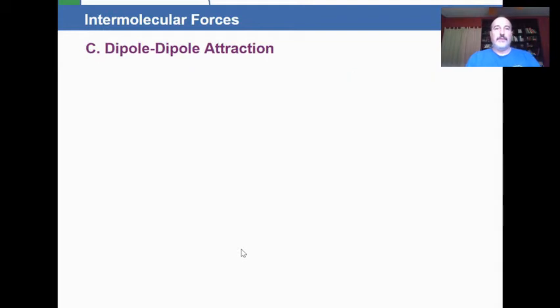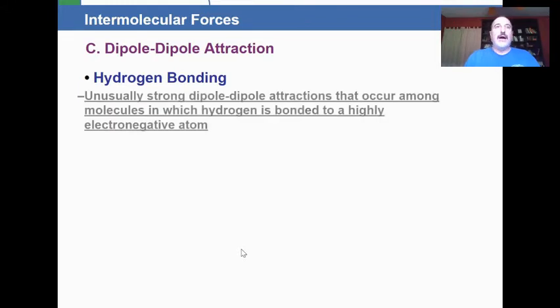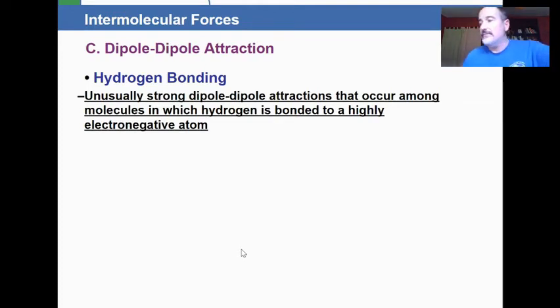All right. Now, there is a special type of intermolecular force of dipole-dipole attraction known as hydrogen bonding. Hydrogen bonding is an unusually strong dipole-dipole attraction that occurs among molecules in which hydrogen is bonded to a highly electronegative atom. All right. Now, what causes hydrogen bonding?